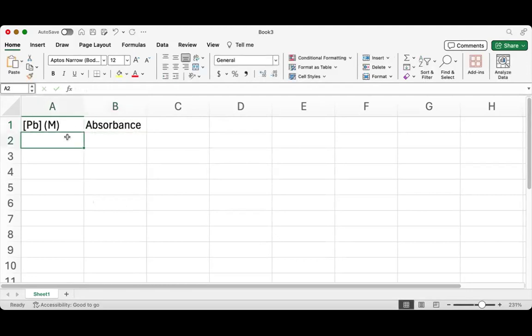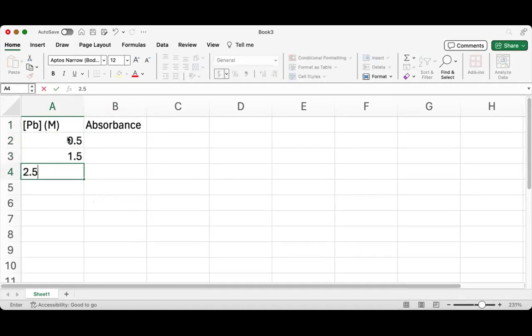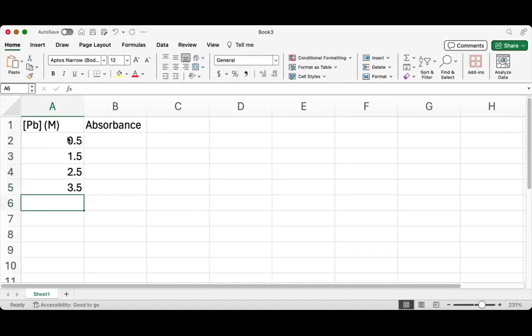So I made standards at 0.5 molar, 1.5 molar, 2.5 molar, 3.5 molar, 4.5 molar, and 5.5 molar.